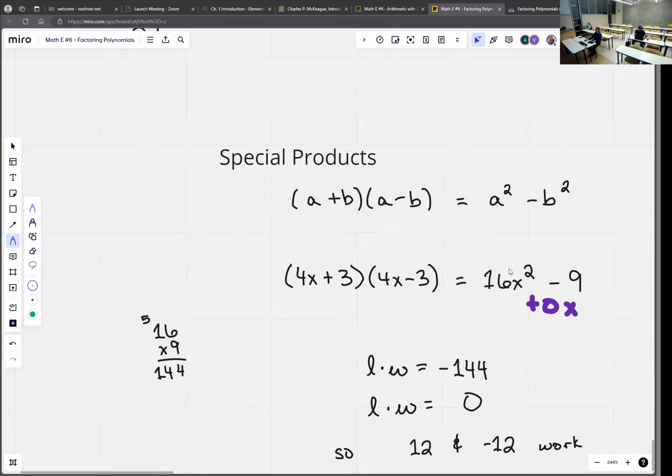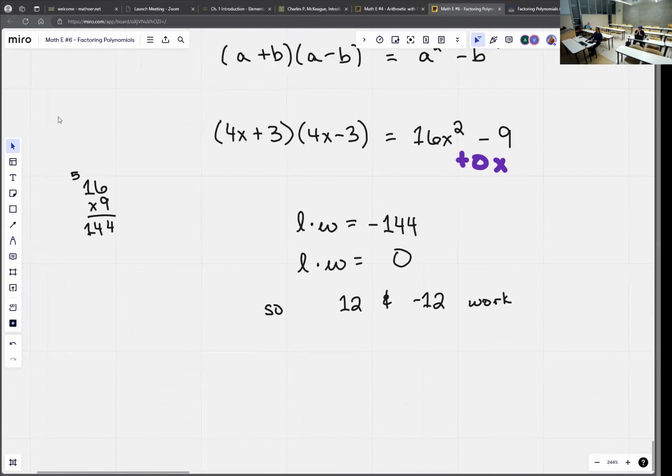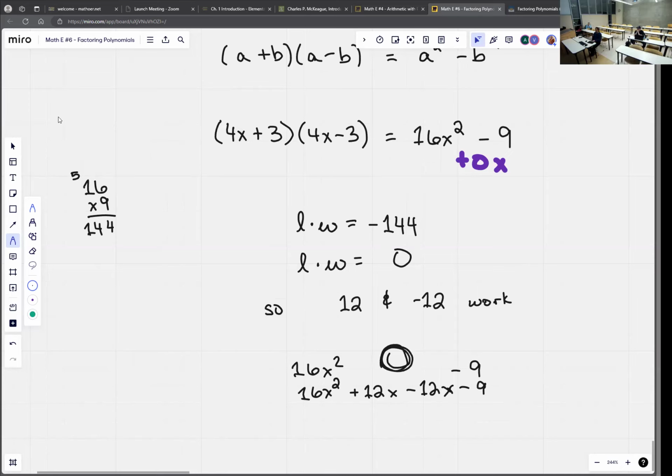So then I will break apart my 16x squared minus 9 to be 16x squared plus 12x minus 12x minus 9. See how this is exactly the same game we just did 4 times above? The fact that there was nothing here doesn't slow me down at all.